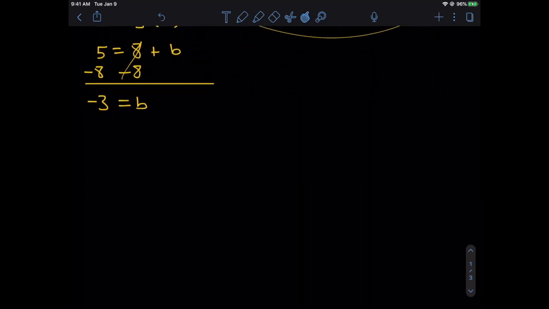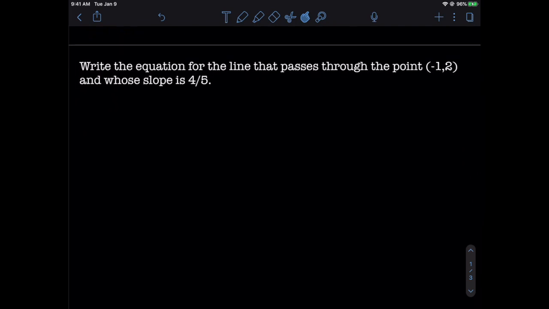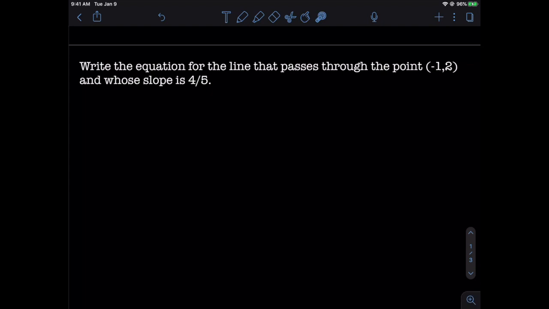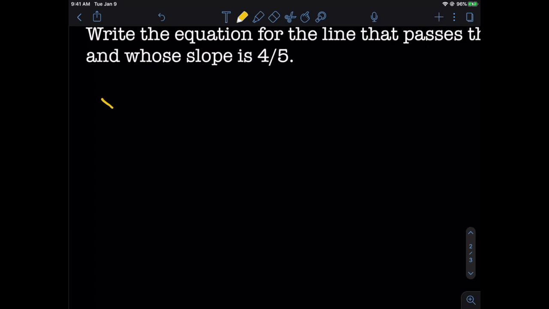Let's try another problem. Our next example here gives us the point (-1, 2) and slope of 4/5. So m is going to equal 4/5, x is -1, and y is 2. It's the same steps as before. Plug into the slope-intercept equation y equals mx plus b, and solve for b.